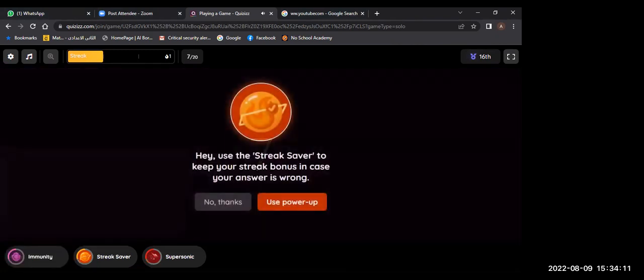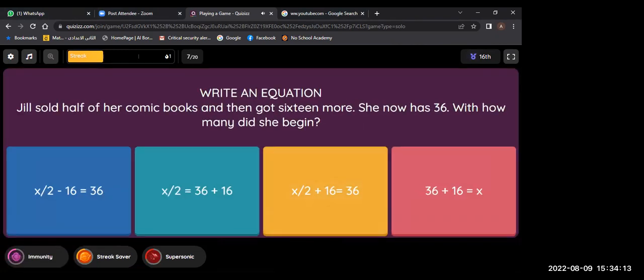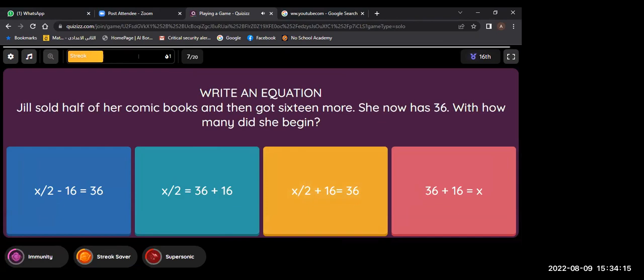Come on, Omar and Yassin. Yes. Read. Write an equation. Jill sold half of her comic books and then got 16 more. She now has 36. With how many did she begin?